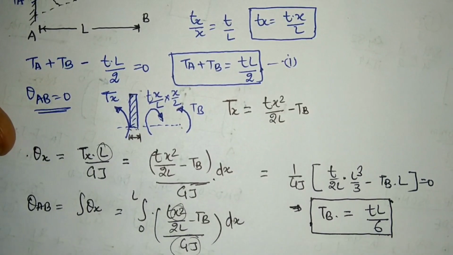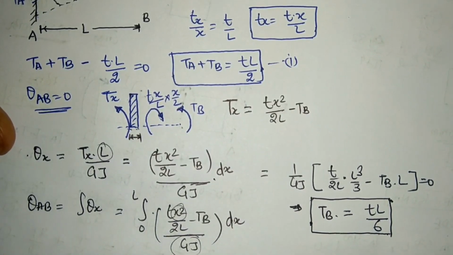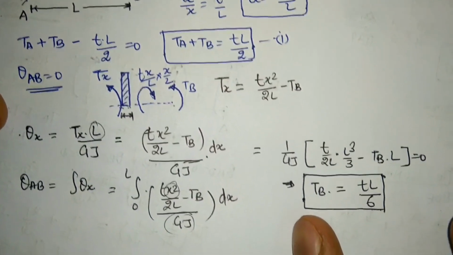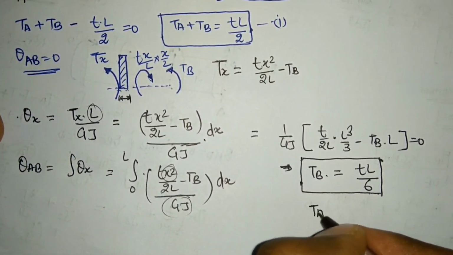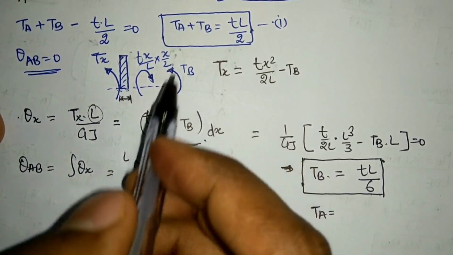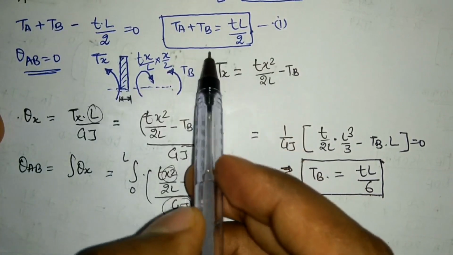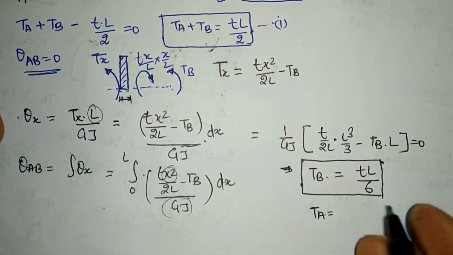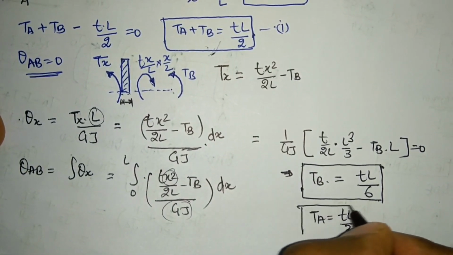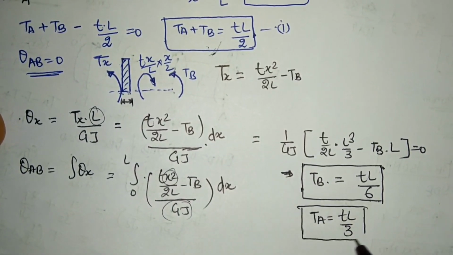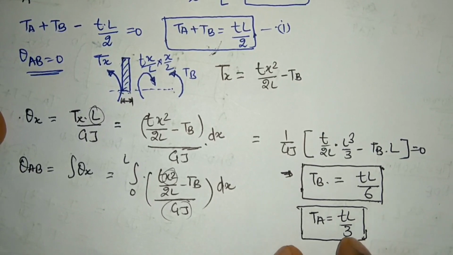Once again, check it, and if you feel there is any issue in the integration, just recheck it and re-verify it. If TB is TL by 6, then TA will be how much? TA will be, as I have already written, TL by 2 minus TB, that is TL divided by 3. That is the reaction at point A.